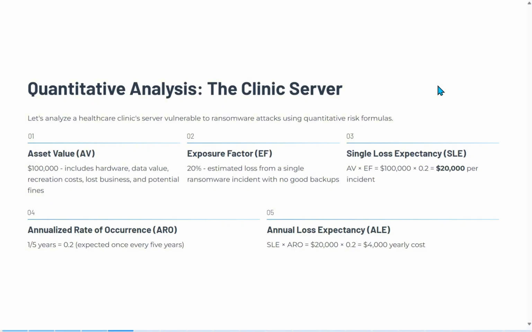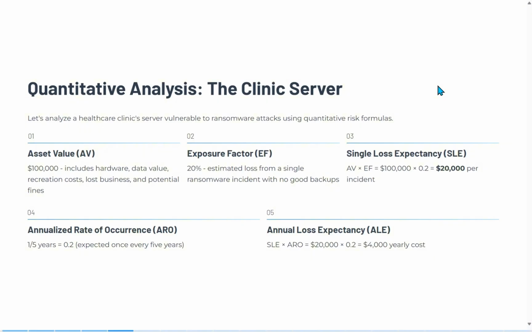So if you remember, the last time I showed you the slide with the formula to calculate for this, which is for the single loss expectancy, the annual rate of occurrence, and the annual loss expectancy.